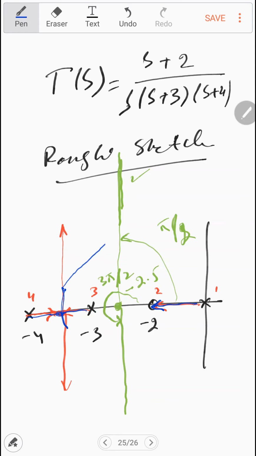So the first one will go like this, and then it will be tangent to the asymptote at infinity, and the second one will be symmetric, because now the concept of symmetry can be used over here. You see, the same one, the mirror image, and then it will be tangent to the straight line at infinity. So now it is straightforward how the root locus will look.